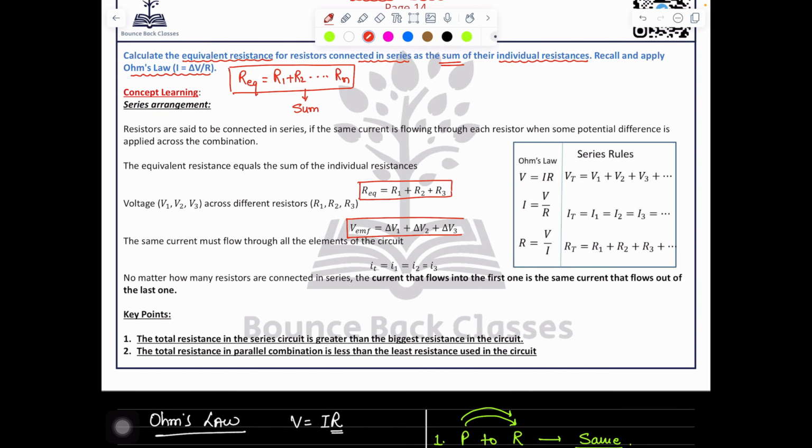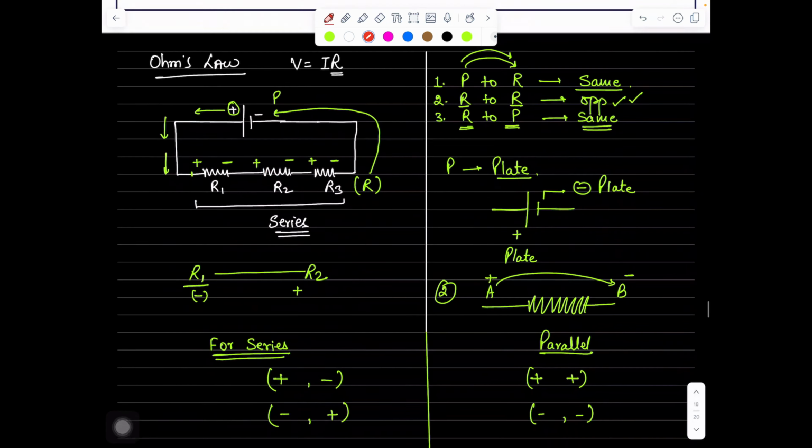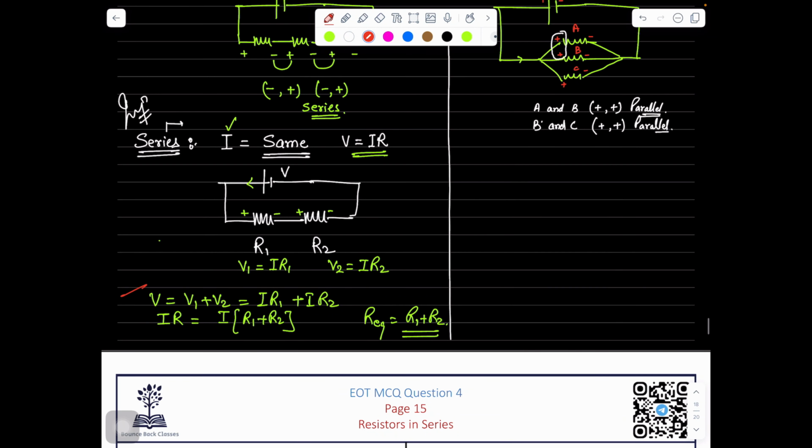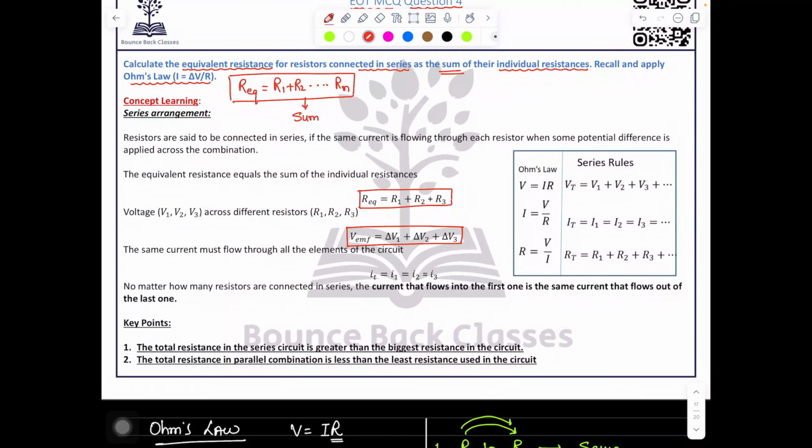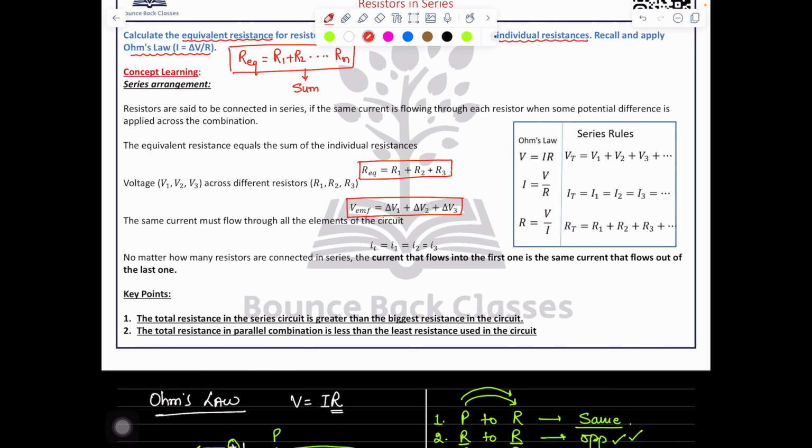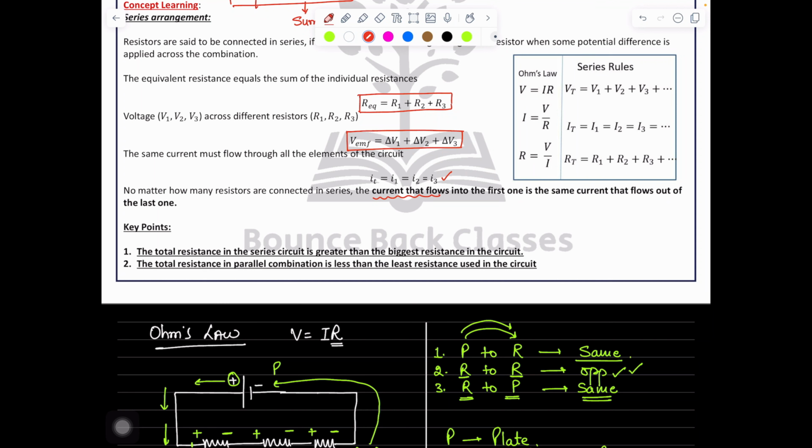That should be the sum. I already solved it. You can see here, total voltage is V1 plus V2 plus V3. Okay. Clear, guys? The major thing I told you, current remains the same. Okay. Last point: current that flows into the first one is the same current that flows out of the last one.